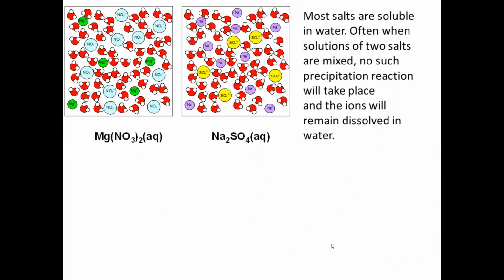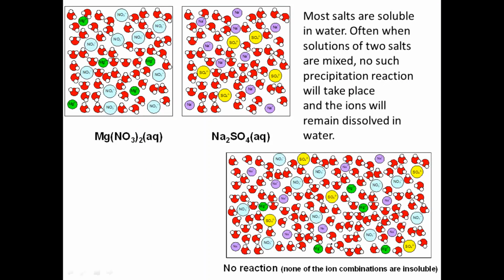Another example. Most salts would be soluble in water. So if I mix up two salts like this, right, there's no precipitation reaction. So there's no precipitate because all the combinations, magnesium nitrate, magnesium sulfate, sodium nitrate, sodium sulfate, are all soluble in water.